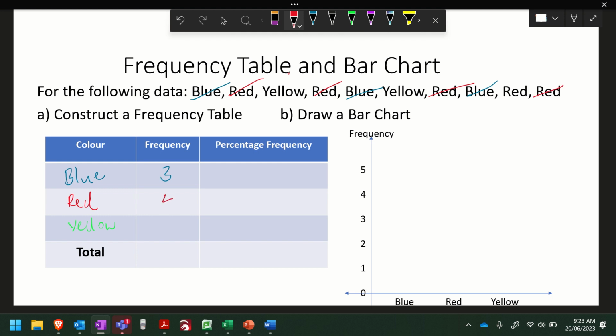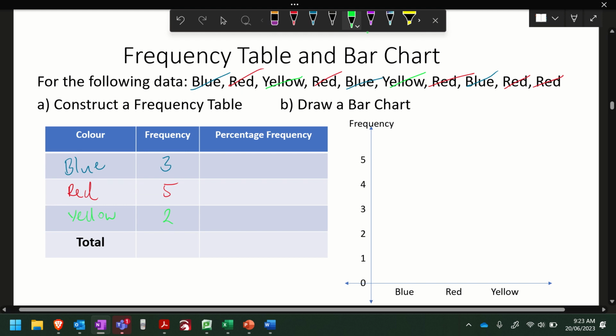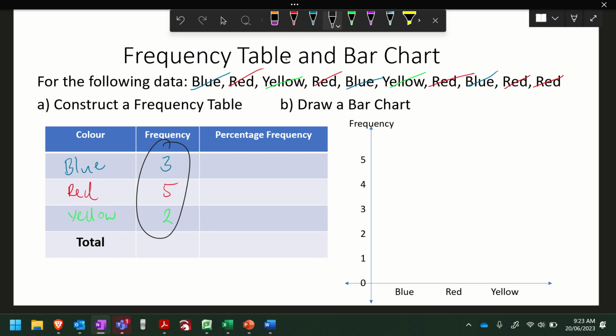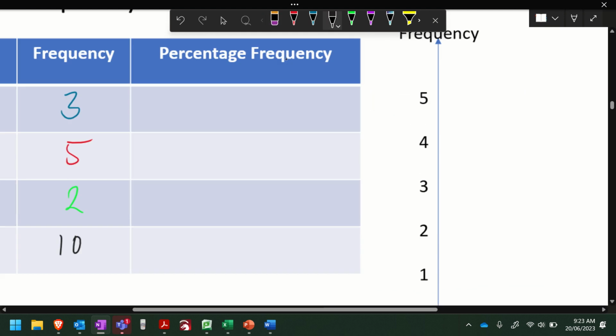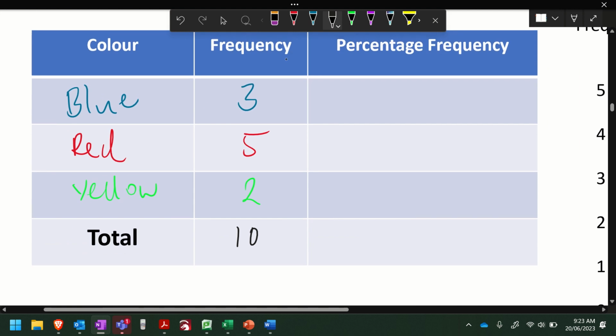There's 4 reds. And then for yellow, I can see you've got 1, 2. Actually, I miscounted with red. There should be 5. Sorry, 5. Thank you. And then for yellow, there should only be 2. So underneath in the total, we put the total for the frequency, which in this case should be 10. So it should be 10 altogether.